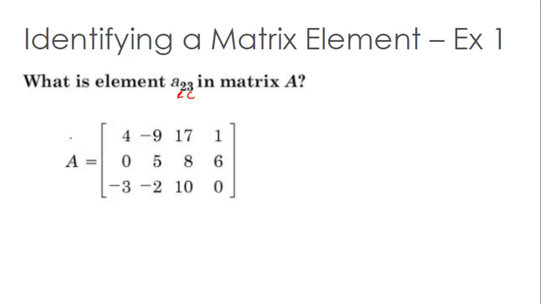Element a is inside of matrix A. Elements are lowercase, matrices are capitalized. So if I'm looking for element a23, that means I'm going to go to row 2, column 3, and I'm at what? 8. That's how you read a matrix.